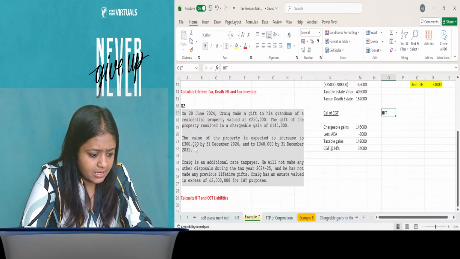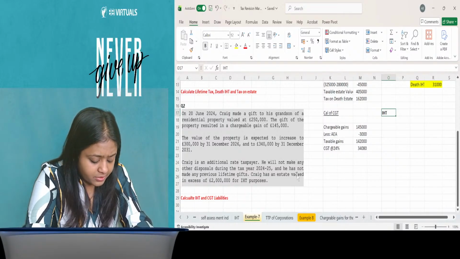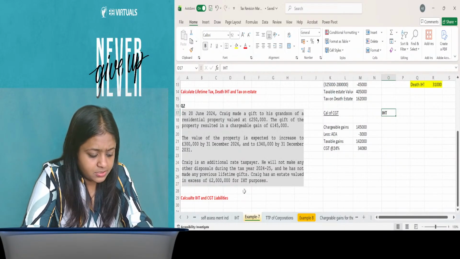No, Craig is alive only. So here we'll not have death estate tax calculated. So here we'll not have IHT liabilities only.